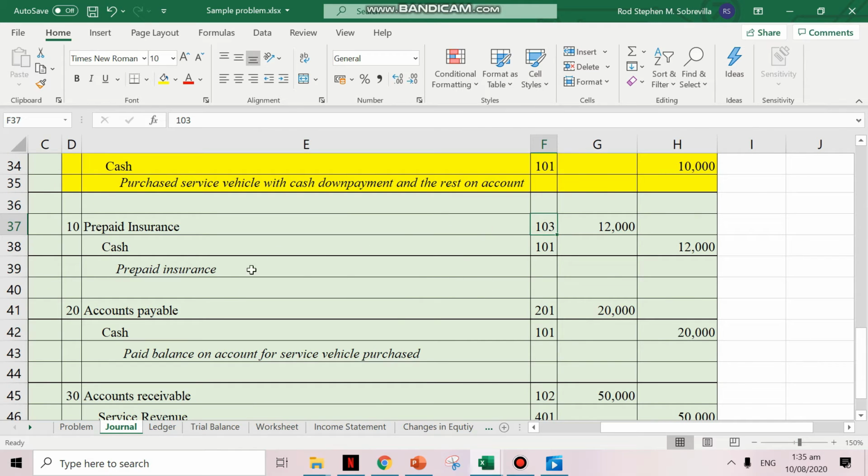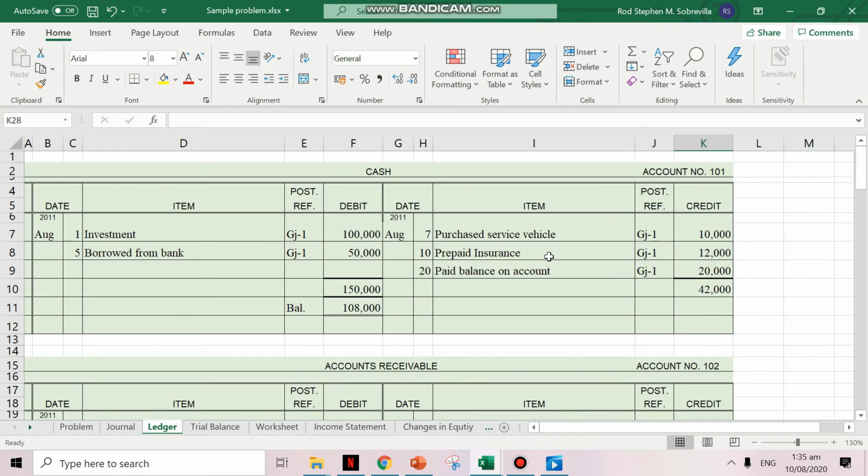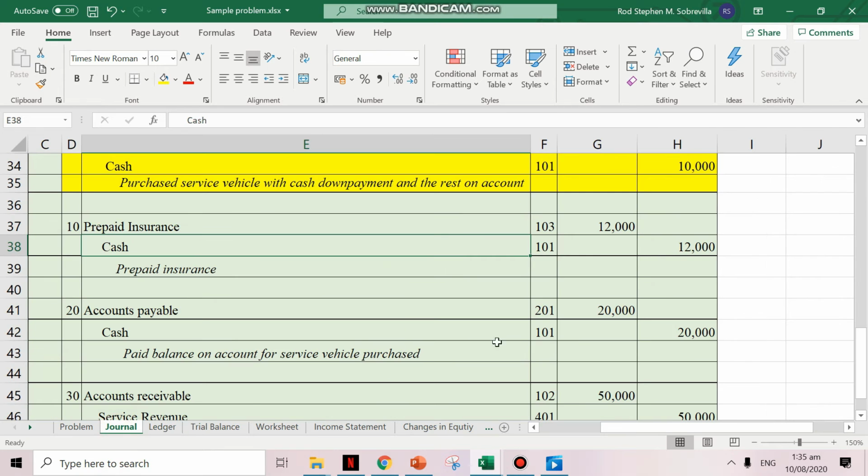Yan. Nakakapagod, hinihingal na ako. Yan. So, kailangan natin pag ganun talaga ang posting. Tapos, cash naman, credit. So, balik tayo kay cash. Credit is right side. Simple date, simple explanation, the amount in the credit, and then kung saan galing na journal, and then, lagay mo yung account number.